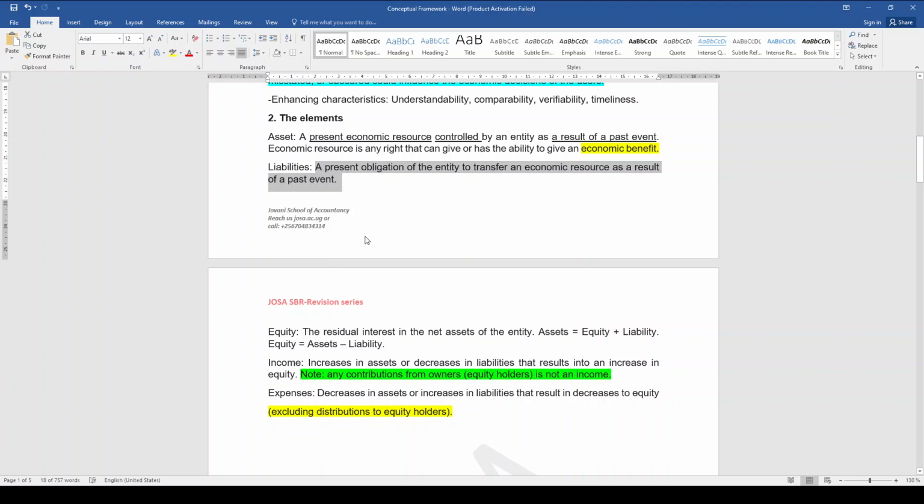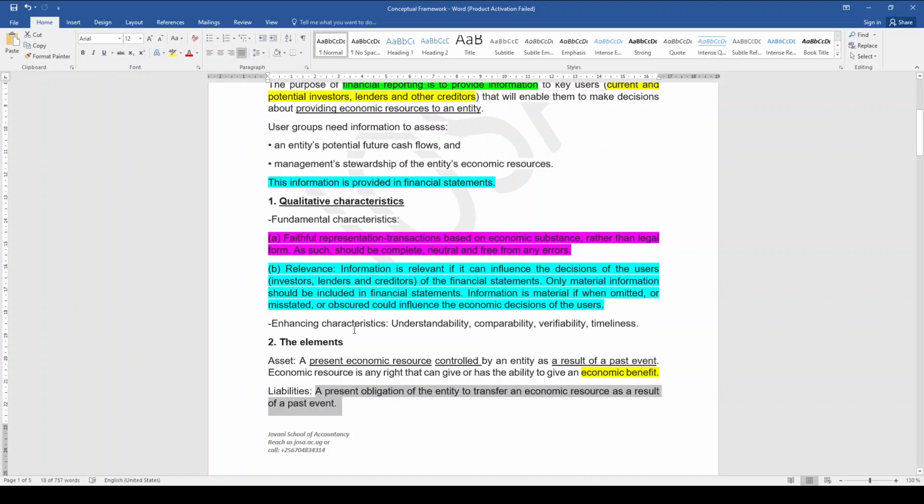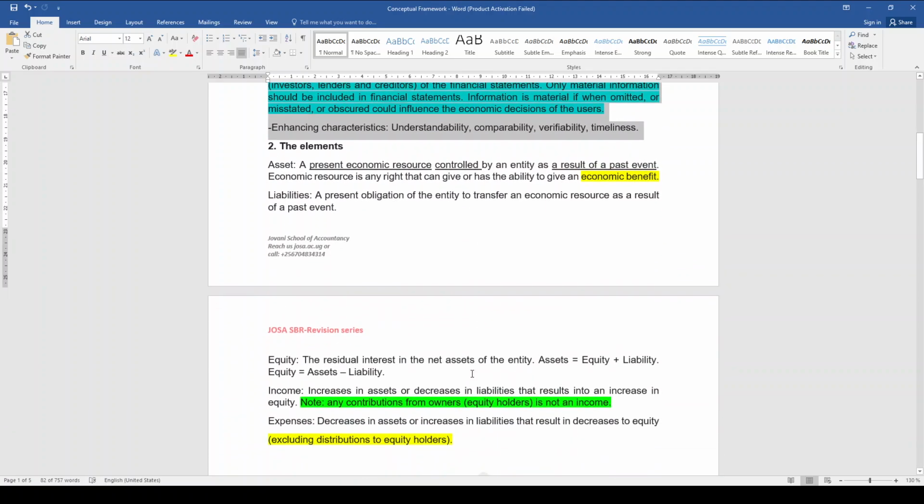And you also remember the key characteristics of what should go into the financial statements. Then you can base on this knowledge to challenge the recognition of that future loss. You see that a liability is defined as a present obligation to transfer an economic resource as a result of a past event.